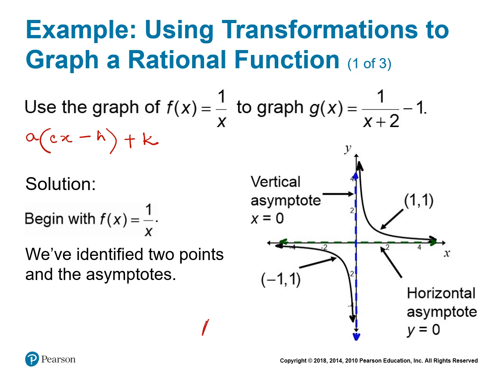As far as the vertical asymptote is concerned, as x approaches 0 from the negative side, f of x approaches negative infinity, correct? That's what it is.